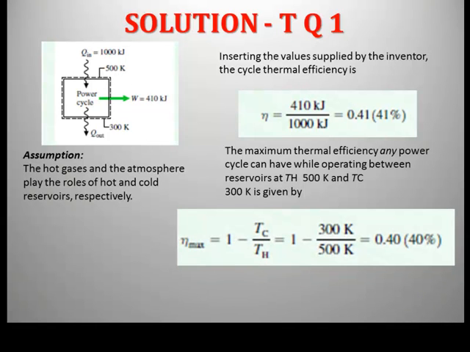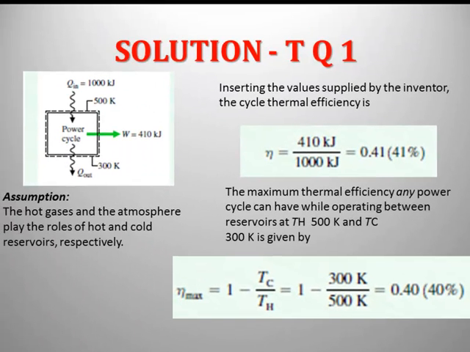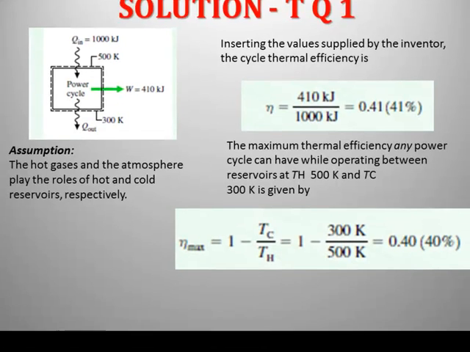Now if you use the formula 1 minus Tc over Th, it gives us 1 minus 300 Kelvin over 500 Kelvin, and that would result in 40%. What this means is that with the operating temperatures, the maximum efficiency that can be achieved is 40%. Therefore it is impossible for any system operating within these conditions to have an efficiency more than 40%.